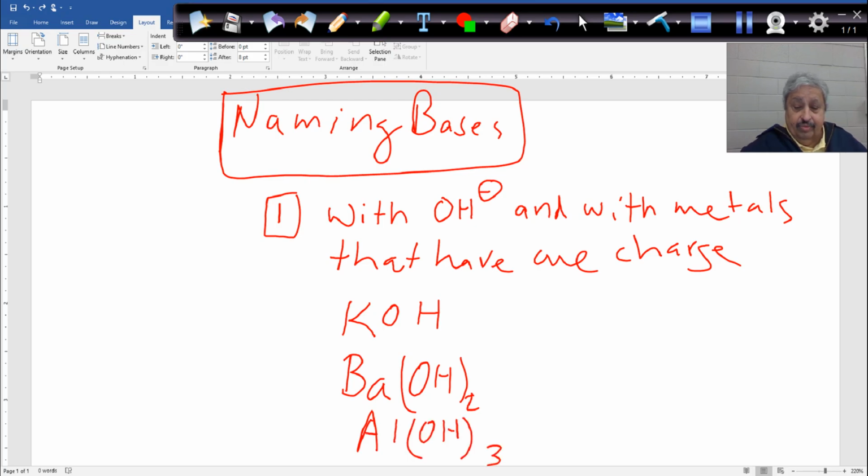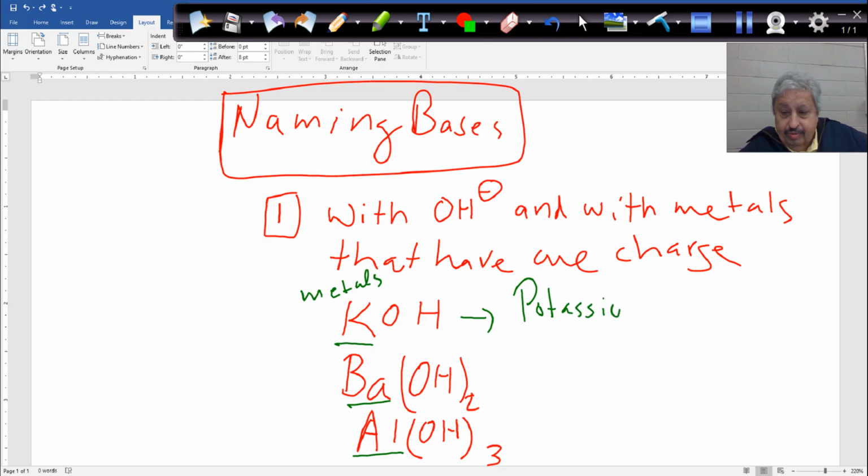Well, it turns out you always start with the naming of the metal itself. So you name the metal itself. This is the metal here, this is this, this is this. Those are metals, and the hydroxide is there. So this will be potassium hydroxide.